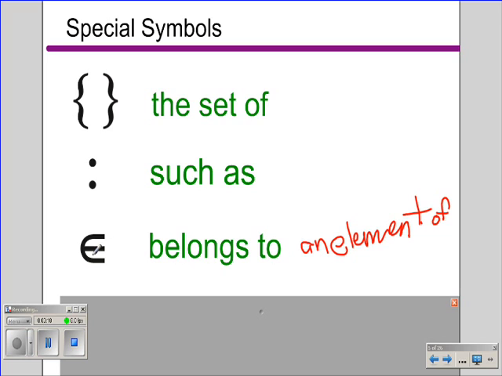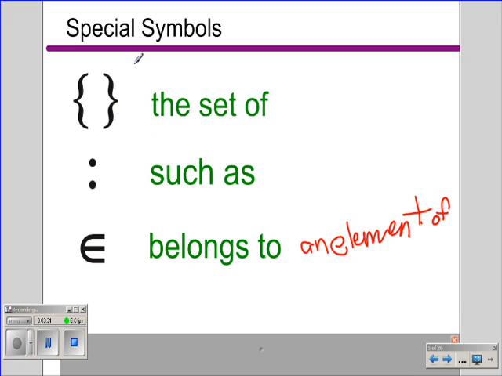So a number, for example, 0 belongs to the set of whole numbers, or 0 is an element of the set of whole numbers. We use this notation in our set notation. You'll be seeing these symbols later in the lesson.